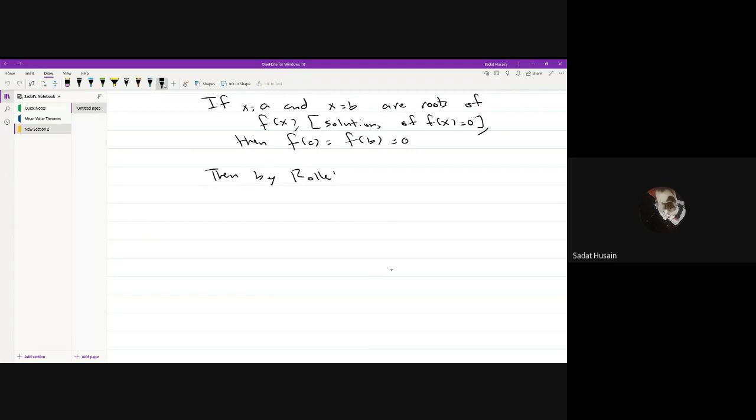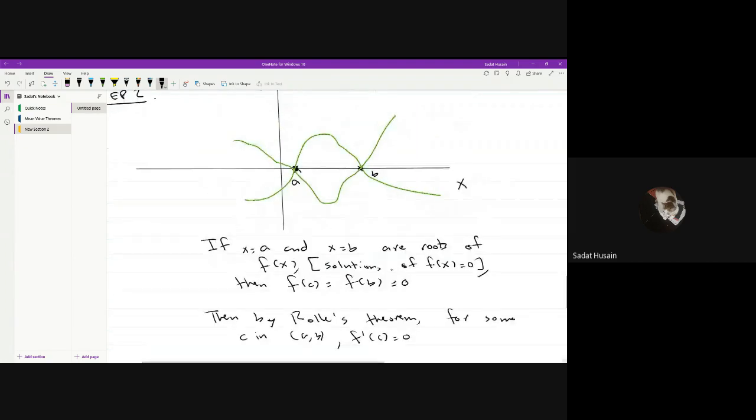So by Rolle's theorem, for some c in (a, b), f prime of c has to be 0. If the function is 0 at two places a and b, then somewhere in between the derivative becomes 0.